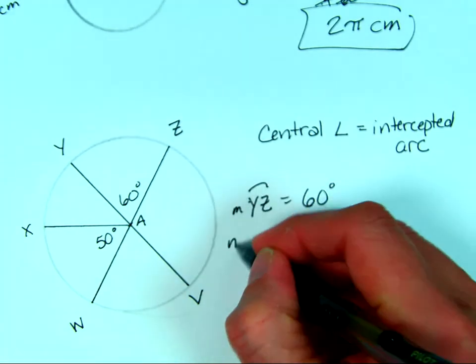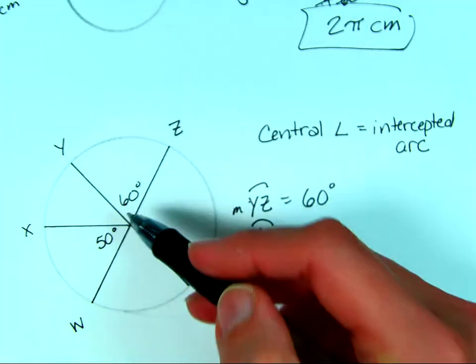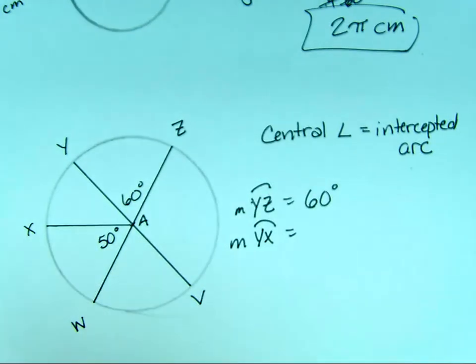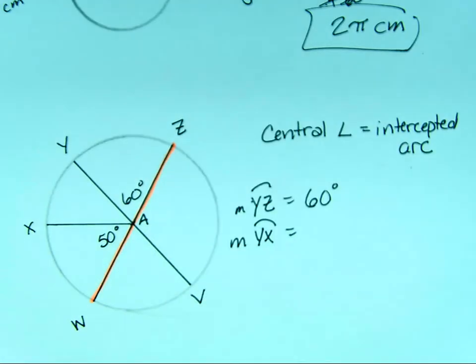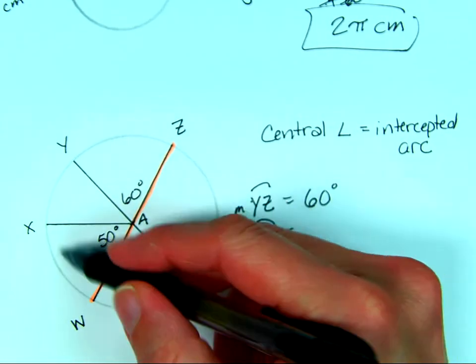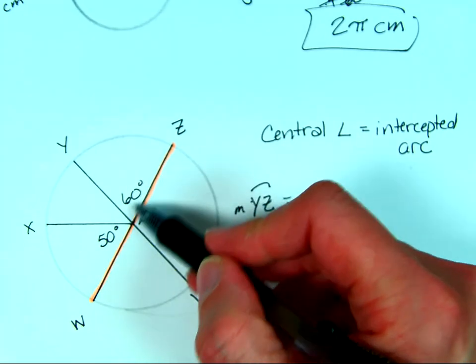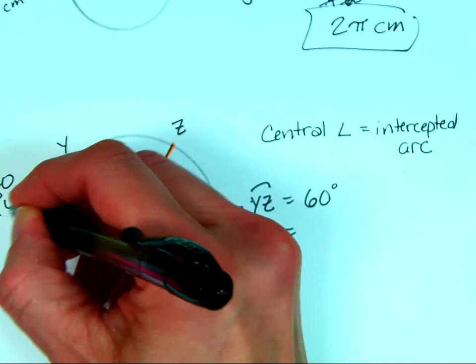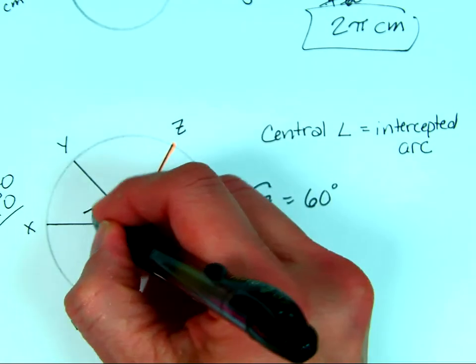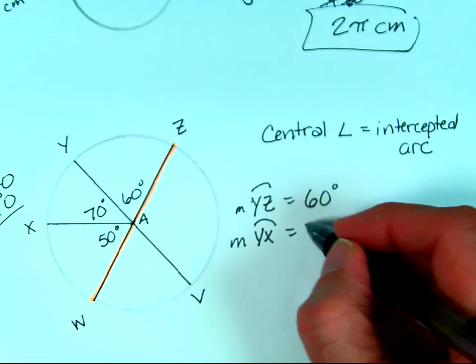If I want to find the measure of arc YX or XY, I'm going to notice that there's a diameter right here, and that diameter splits the circle into 2 semicircles, which means this is 180 degrees and this is 180 degrees. So if I know that these two are 60 and 50, I can find this one by taking 180 and subtracting those two from it. And then I would know that that's 70. Once I know that this is 70, I know that my arc is also 70.